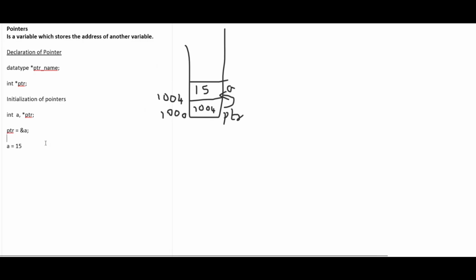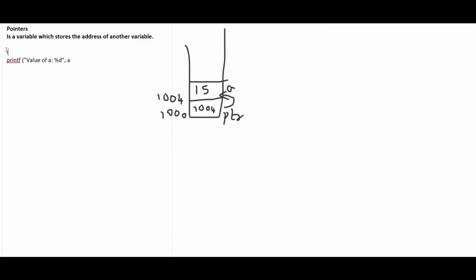Now let me see how to access the value using a pointer variable. I write printf value of a. I can write a, not an issue, because we have declared the variable a.